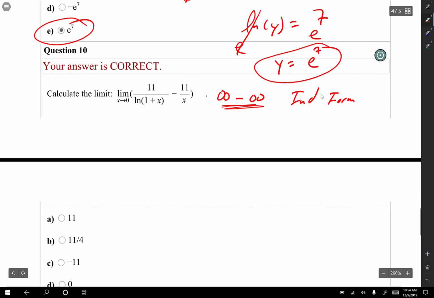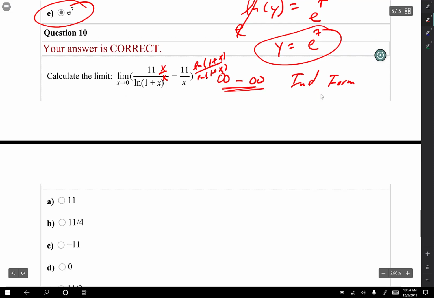So I'm going to multiply this one by x over x, and this one by ln of 1 plus x over ln of 1 plus x. And I'm going to check if it's still an indeterminate form. So here's what I have: 11x over x ln of 1 plus x minus 11 ln of 1 plus x over x ln of 1 plus x.